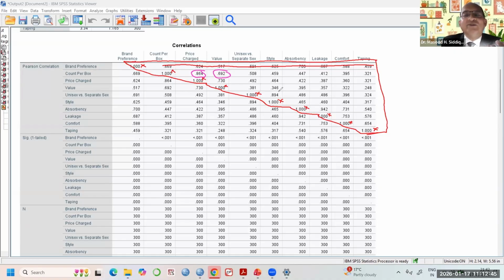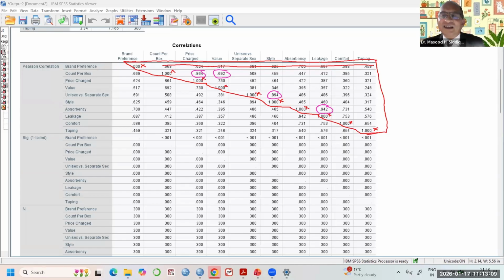This 0.894 is the correlation coefficient between unisex and the style. So they are showing high correlation. This 0.942 is a high value, very close to 1. It is showing the correlation coefficient between absorbency and the leakage. So we are getting a number of terms that are showing high correlation.